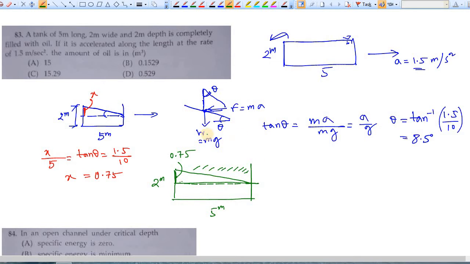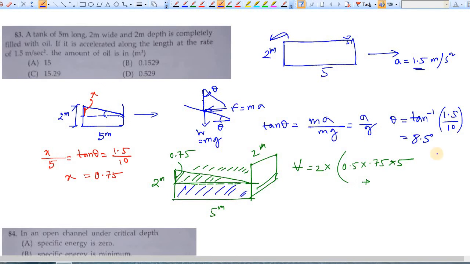So the total volume remaining, the width is 2 meter, so total volume remaining is 2 times, due to width, this area, that is 0.5 times 0.75 times 5, plus the area of this rectangle, that is simply 5 times 2.